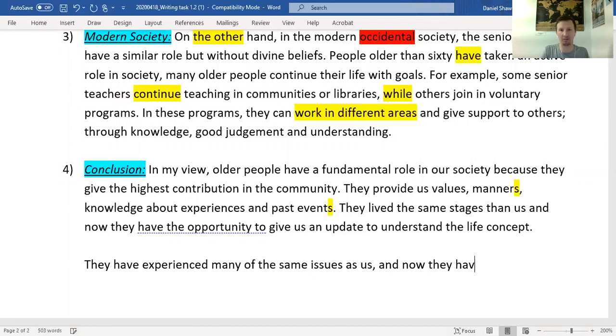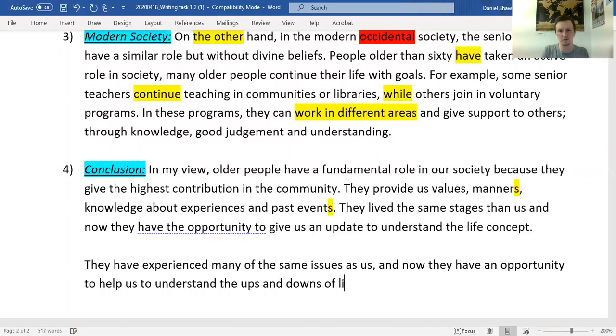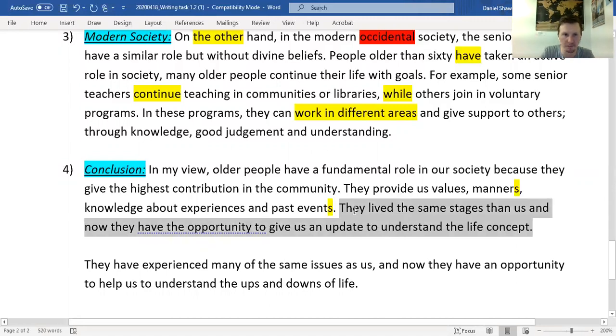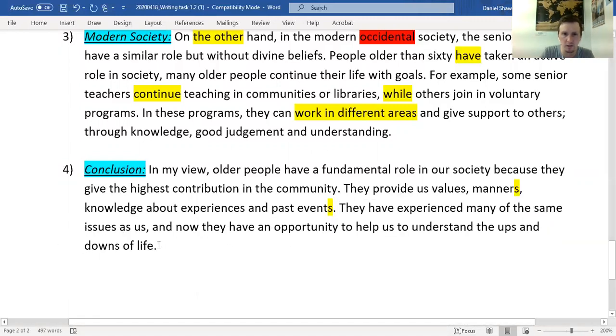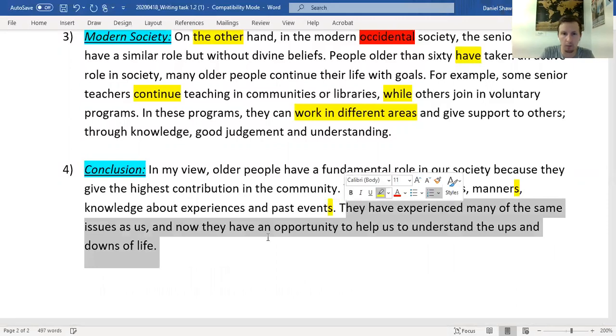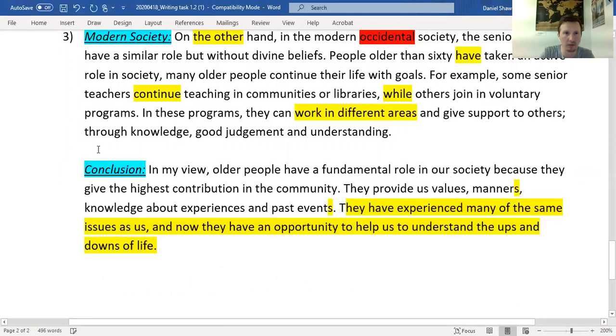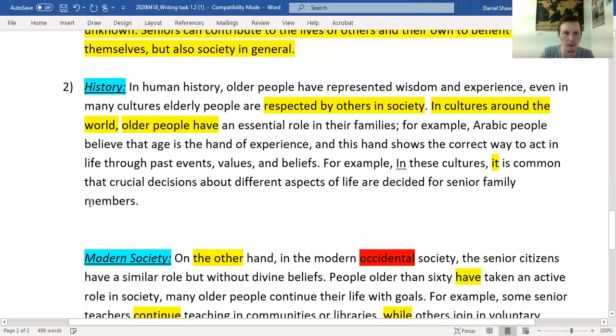Now they have an opportunity to help us to understand the ups and downs of life. I think that's what we're trying to say here. So we'll just take this out. We'll bulk this up to here. I'll put that in yellow. I'll just quickly remove these paragraph markers.